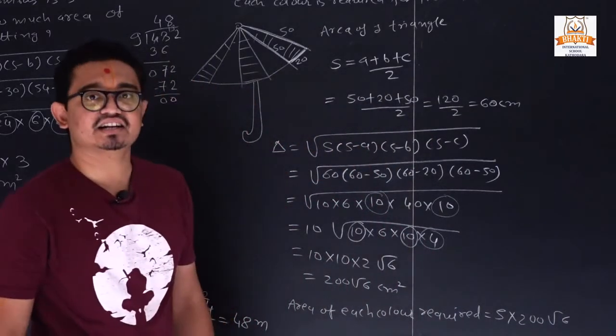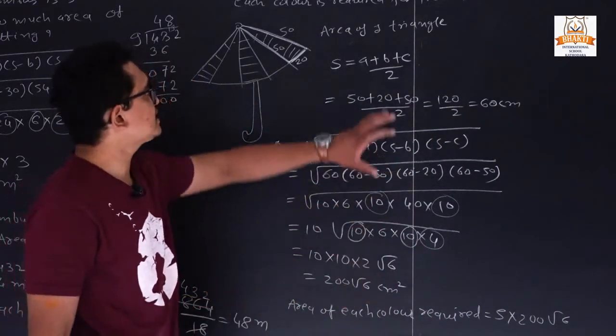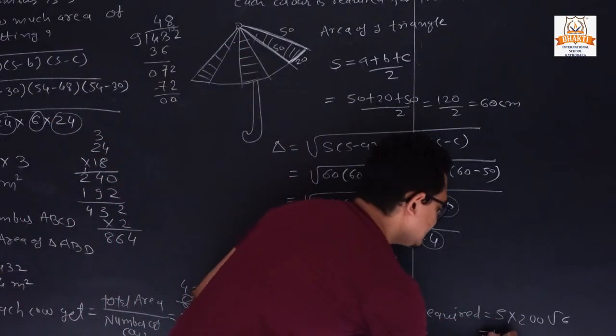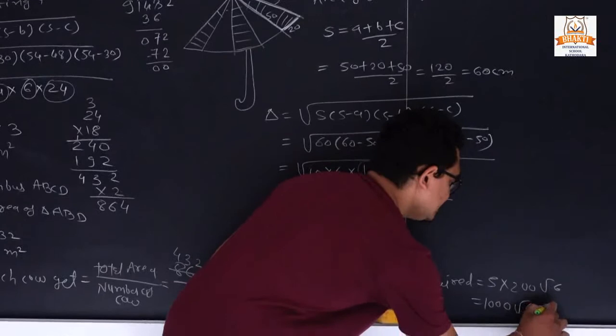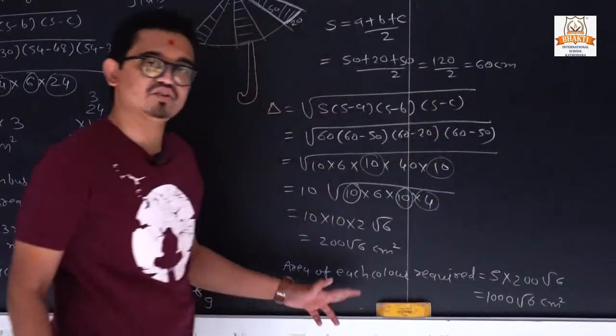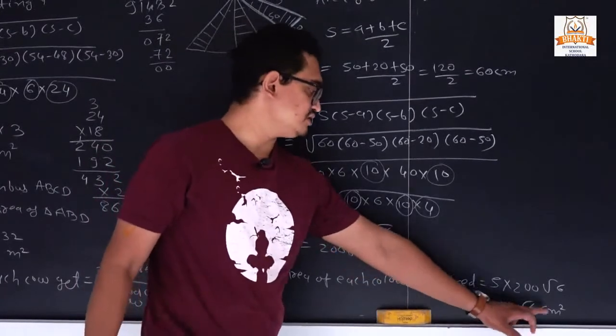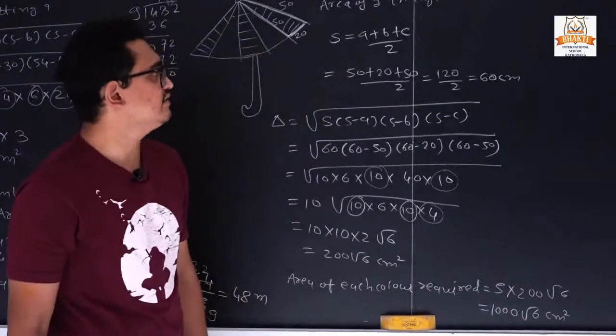Clear? Because each color have the 5 shape. So 5 into 200, so it is 1000 root 6 centimeter square. So it means what? Each color required how many cloth? 1000 root 6 centimeter square.